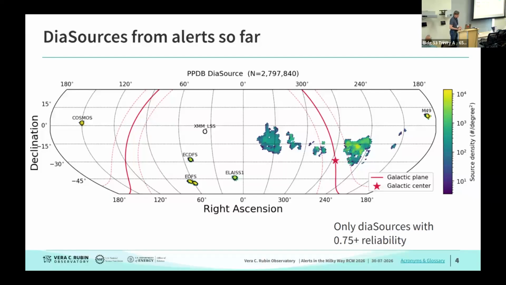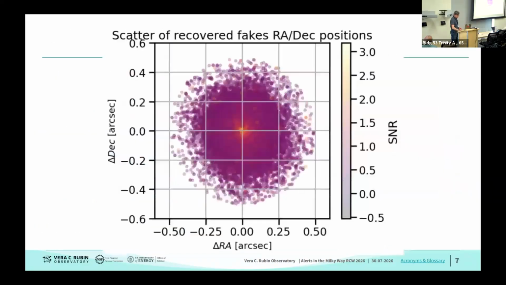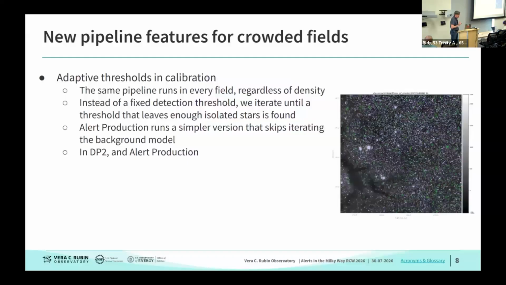First I would like to show you, again copying over a slide from the Science Pipelines talk, an estimate of the completeness that we have in a couple of different fields, the Cosmos field, which is fairly sparse, and the M49 field, which is a bit more crowded, and I'll talk a little bit more about that later. We are getting a pretty good recovery of our positions in those fields with our fake sources. But what I really wanted to talk about are the two different pipeline changes.